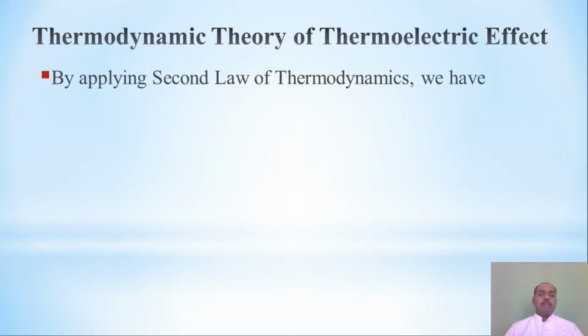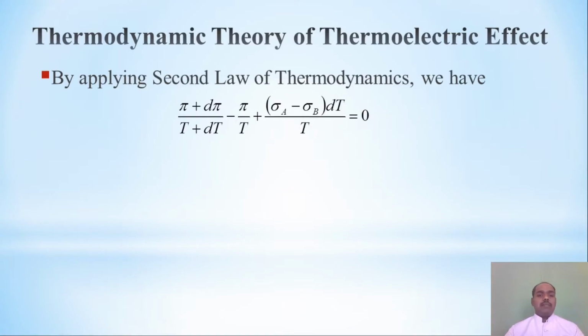Now, we will apply the second law of thermodynamics to this. We will get the equation (pi plus d pi) divided by (T plus dT) minus pi by T plus (sigma A minus sigma B) into dT divided by T is equal to 0.